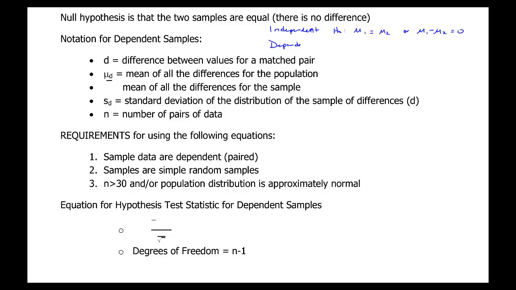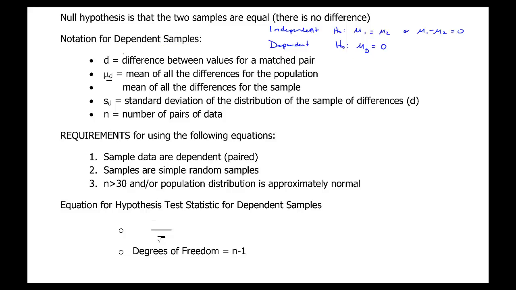When we're doing dependent tests, we're looking at the mean of the differences. The mean of the differences, or mu d, equals 0. So you're only using one list, and that list is the list of the differences between the two groups. You calculate the mean of that list of differences. The null hypothesis is that the mean of the differences equals 0.